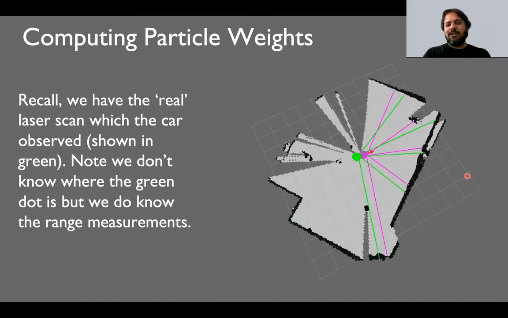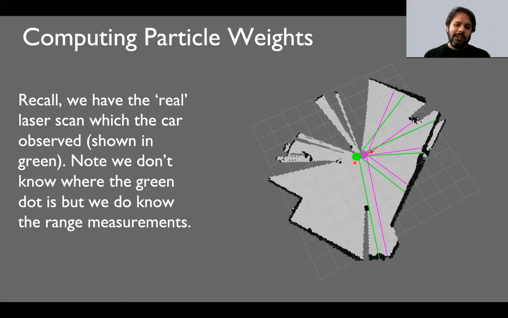But let's go back to the idea of how do we evaluate whether this is a good candidate for the real pose of the robot or not. So remember, the pink rays or the pink distances are range measurements that you would expect to see, because you know the boundaries of the map, if your car was at the pink particle. Now, we don't know where the car is, right?